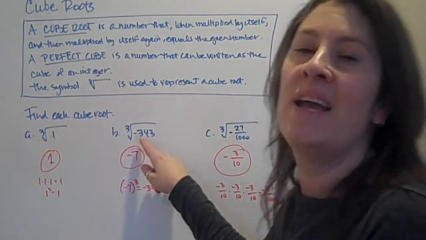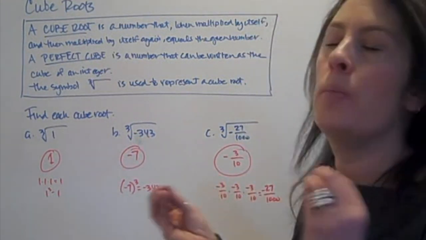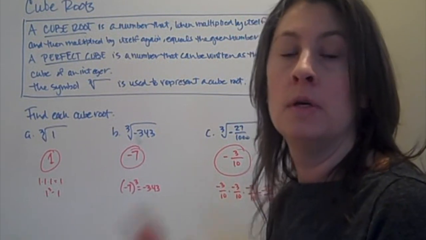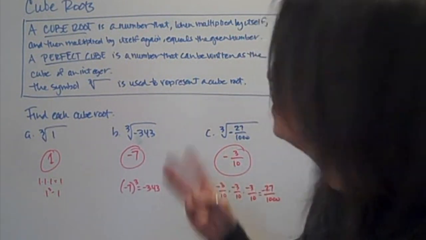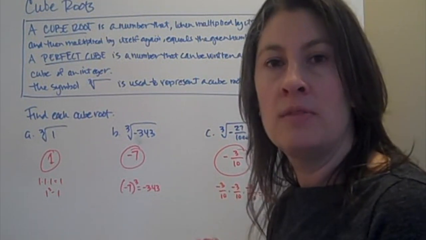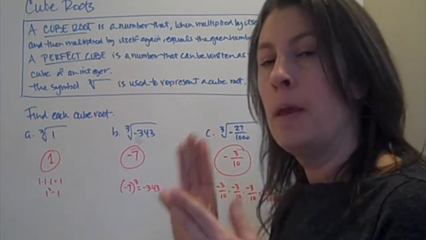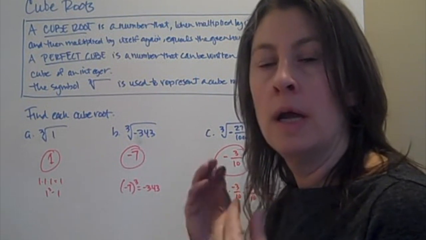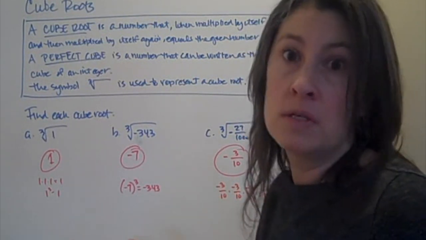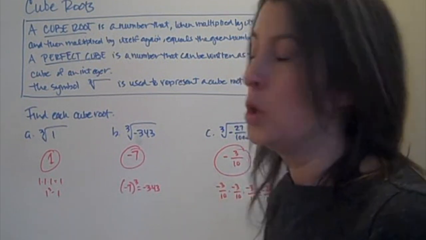What's the cube root of negative 343? Now we talked about positives and negatives with our square root, because a number times itself can also give me a positive. But here we're talking about 3 numbers. 2 numbers that are negative multiplied together gives me a positive, but then if I throw a third negative in there, I'm back to my negatives. So we're not going to ask you for both of them, because there aren't both of them. There's only going to be 1 cube root.